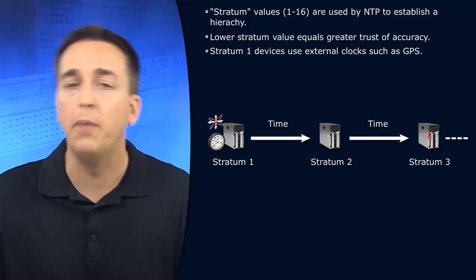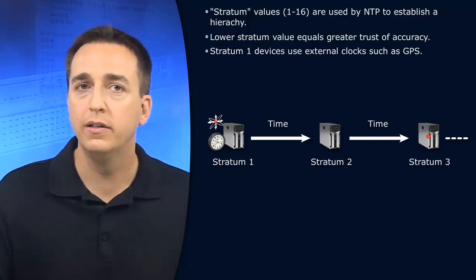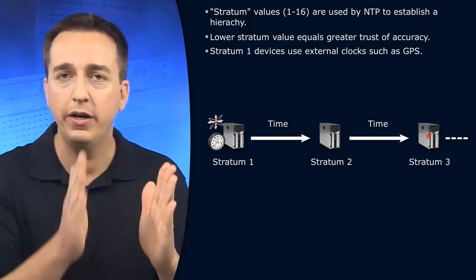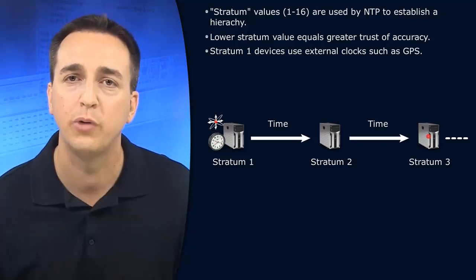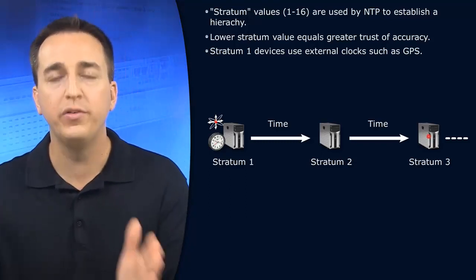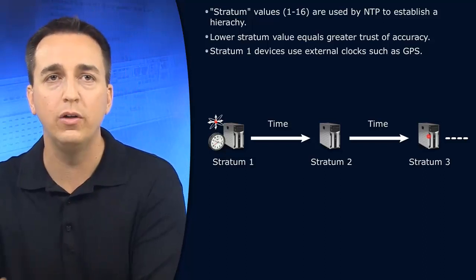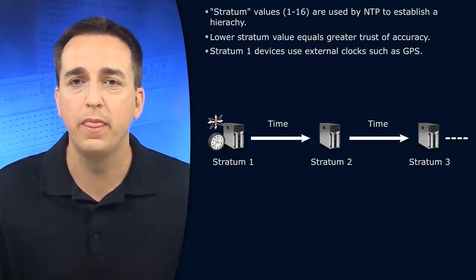And what would we become? A stratum level of 3. So as you move one device further and further away as you do your hierarchical synchronization process, it becomes one more stratum level within the organization.